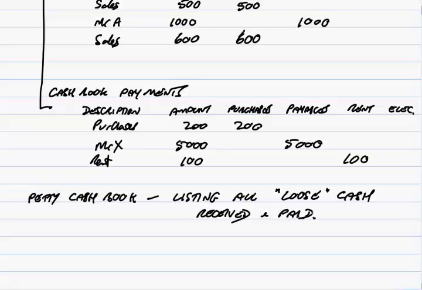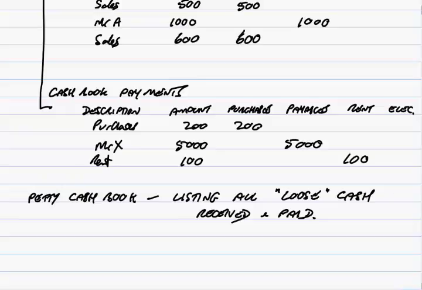Of course, for a shop, there'd be a lot of pure cash. For most businesses, though, most of the money is at the bank, but they will normally have some ordinary cash, small amounts. Well, there'd be another book recording that.